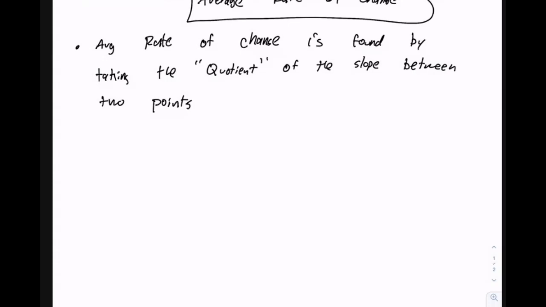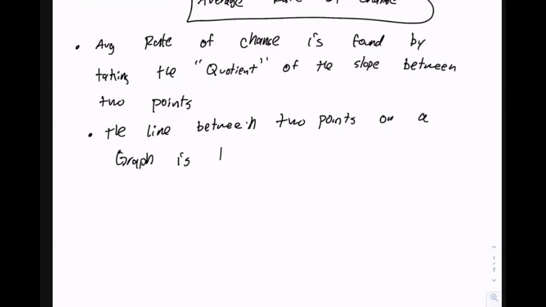Now, the line between 2 points on a graph is known as the secant line.